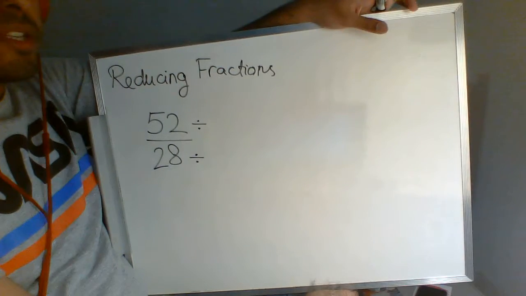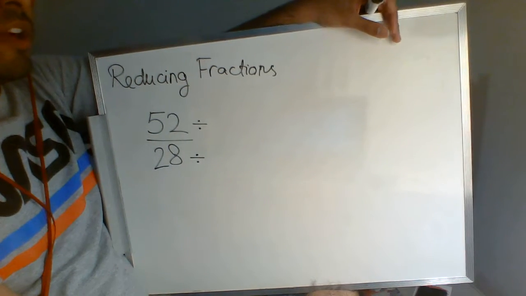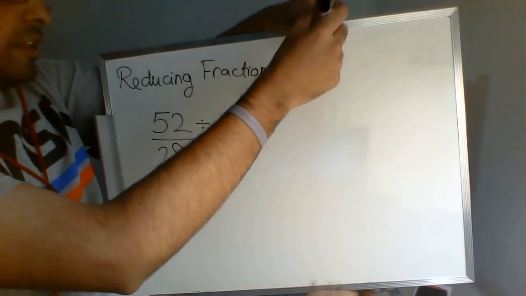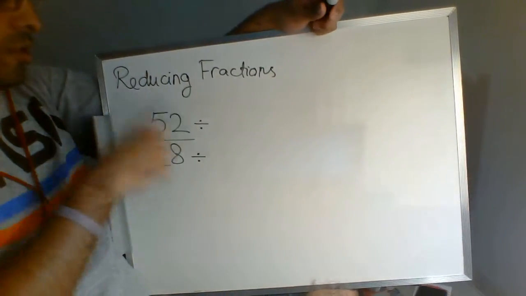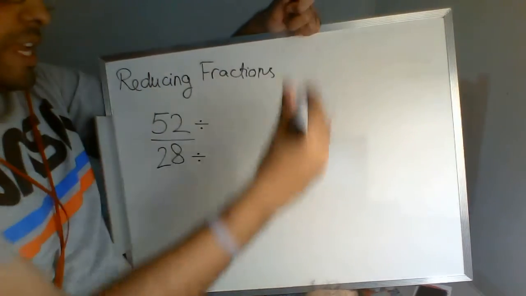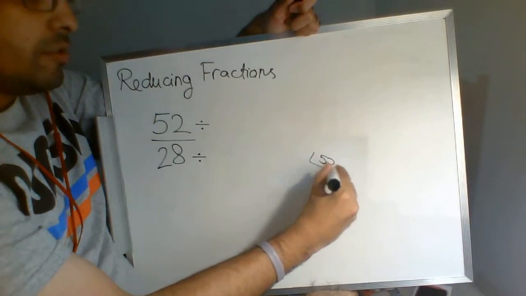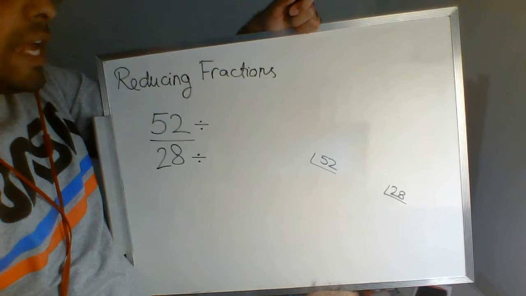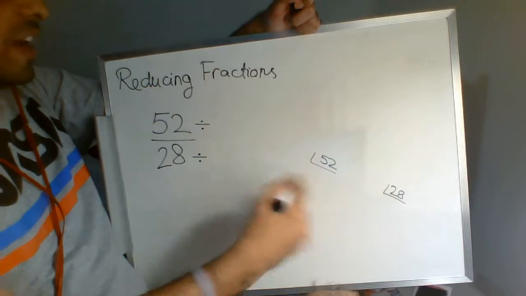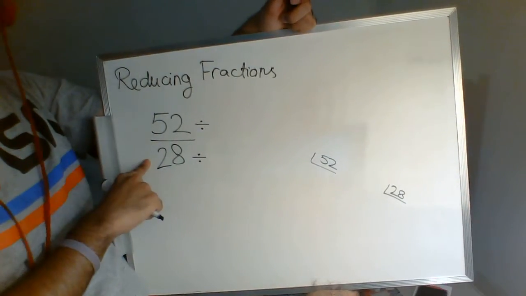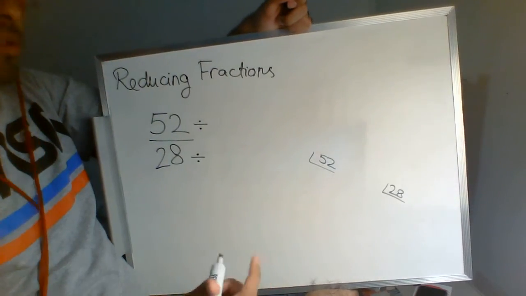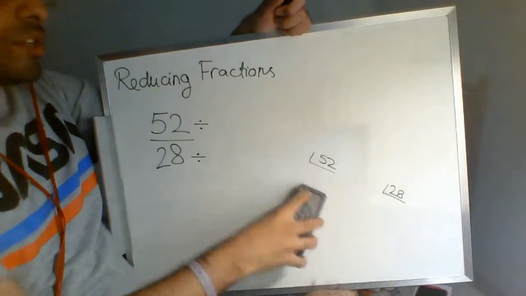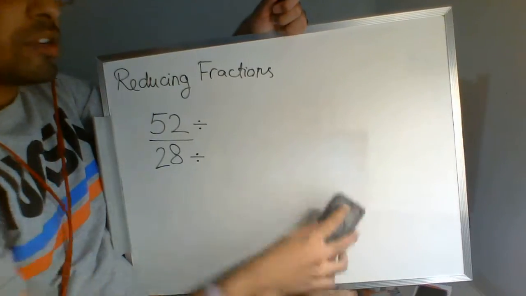So if you have some spare time, when you're at home in the evening and you've got nothing to do, take 5 minutes and see if you can do this problem by finding the HCF of 52 and 28, and then once you find that HCF, you'll divide both of these numbers by whatever that highest common factor is.